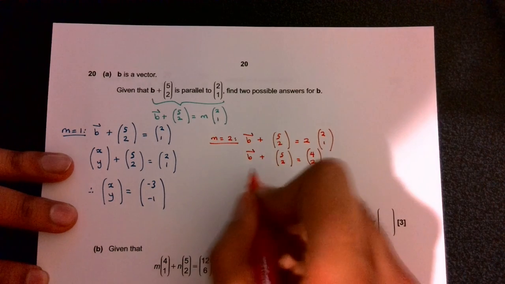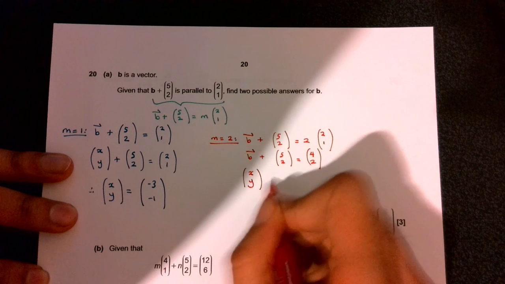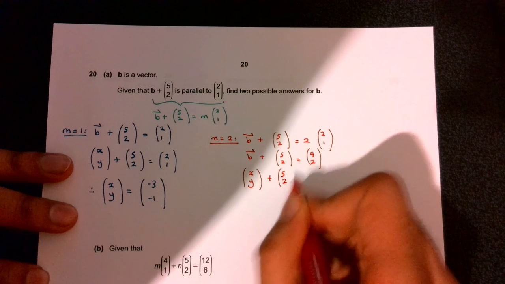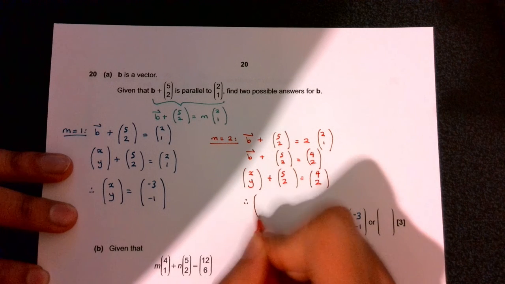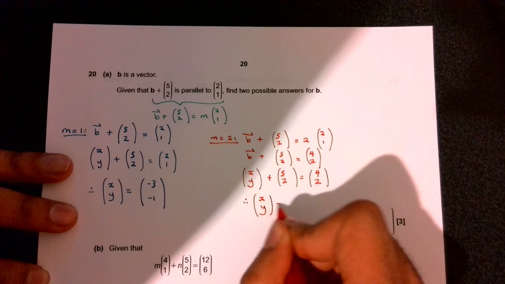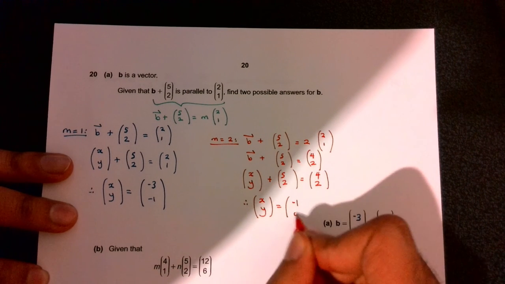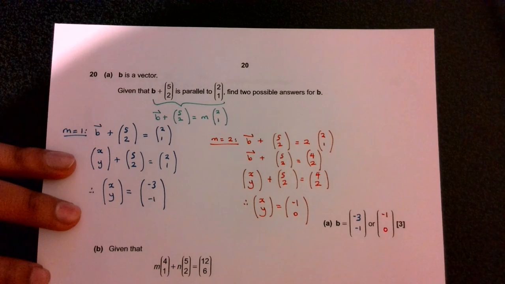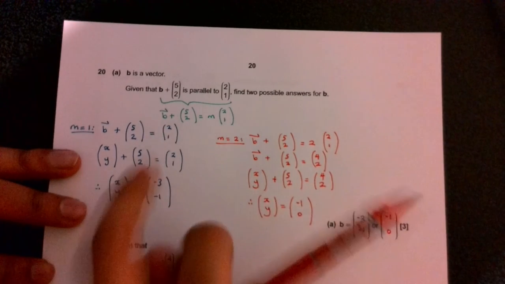So (x, y) is equal to 4 take away 5, that's minus 1, and 2 take away 2, that's 0. So we could have another solution of (-1, 0). The important thing to notice in this question is that it doesn't matter what m is; the key is to get this bit.